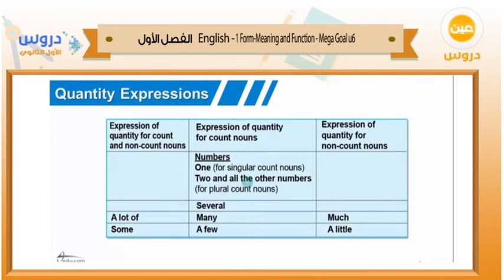But for two and more, 2 and 100, 2 and 1000, so now we're in the plural. So 2 and all other numbers for plural countable nouns, like several books, many books, a few books, several cars, many cars, a few cars, several pens, many pens, a few pens.